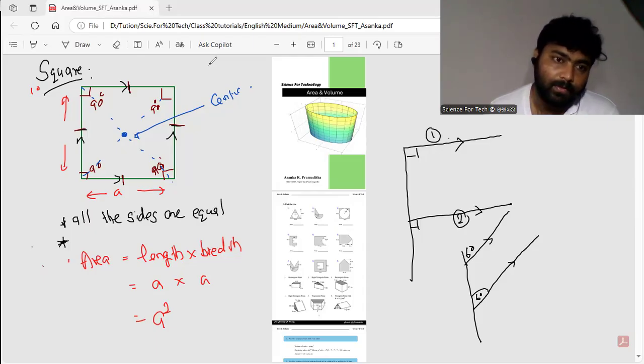Okay. Next one. Write down the next one. Bisected lines meet at the center.